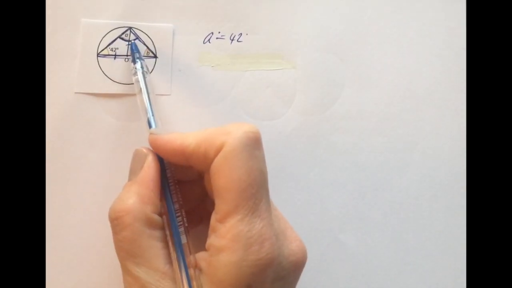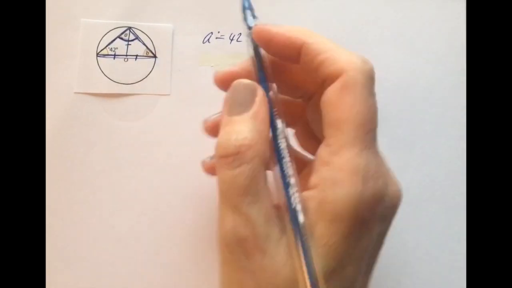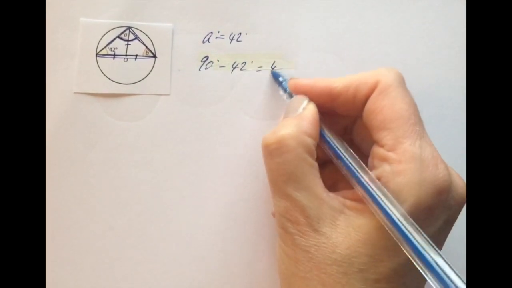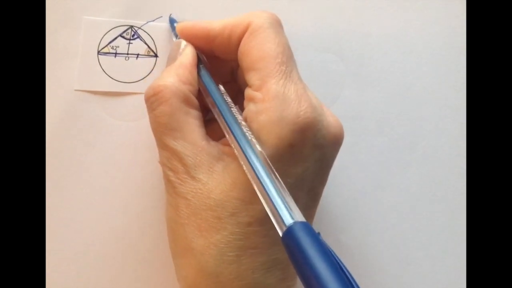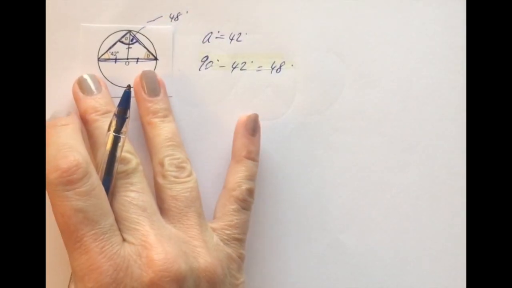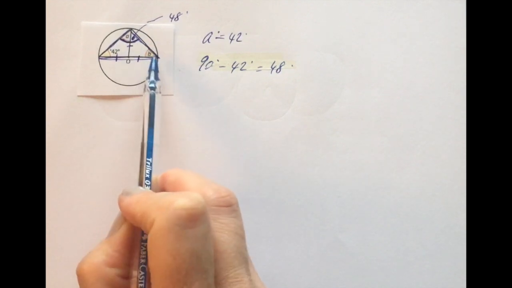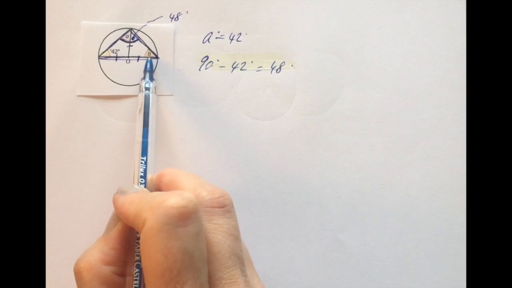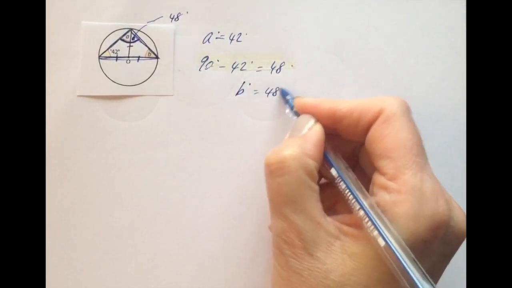So if I take A, which is 42, away from 90 degrees, I get 48 degrees, which means that angle there is 48. And if that angle there is 48, and we have an isosceles triangle here, then that base angle 48 must be equal to that base angle B, so therefore B is equal to 48 degrees.